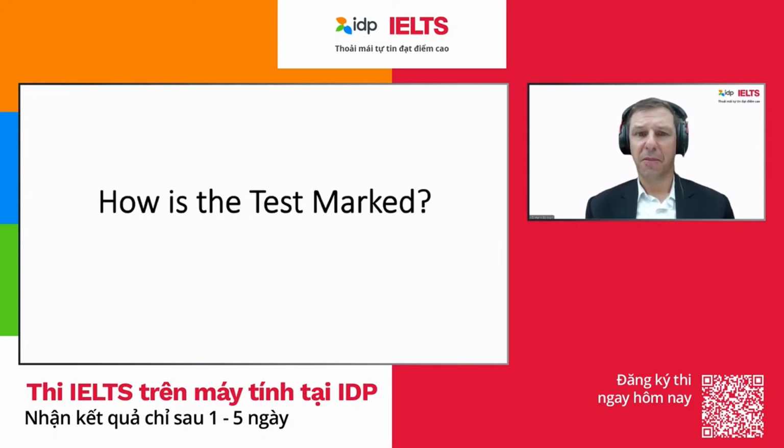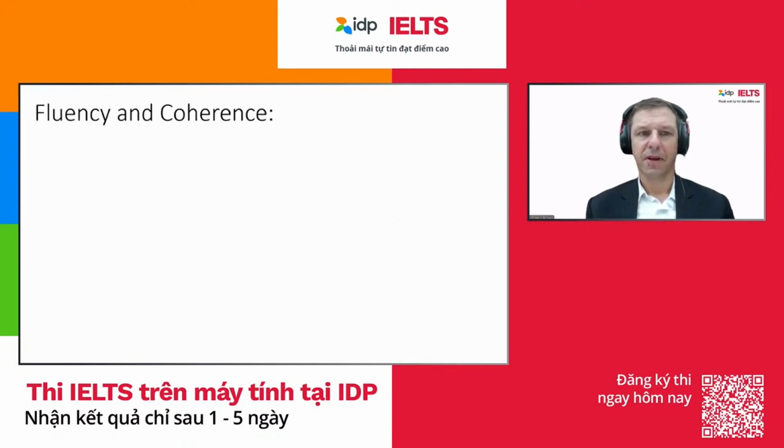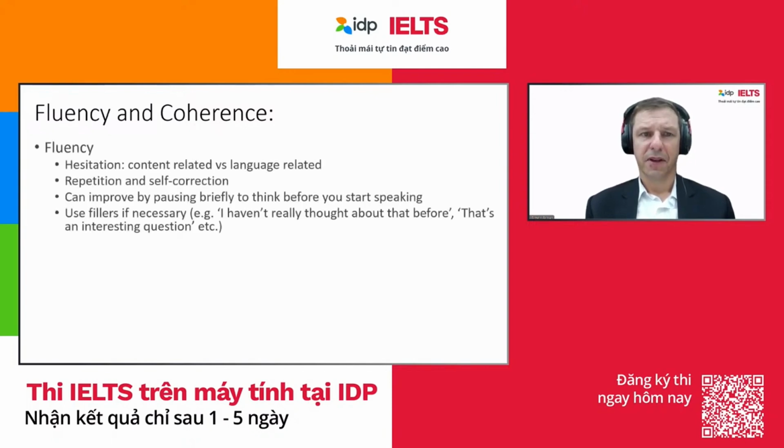Okay, so let's talk now about how the test is marked. So the first category, as I mentioned, is fluency and coherence. Now, what do we mean by fluency? Fluency is hesitation. Now, there are 2 types of hesitation. One is content related, and the other is language related. Content related means you are preparing in your mind what you want to say next.